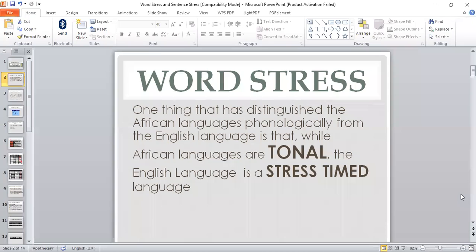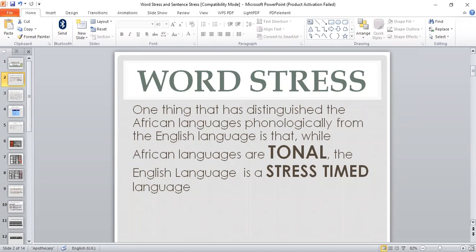What we call stress in the English language means prominence. If we say that a word is stressed in a sentence, there is emphasis, there is prominence placed on that word in the sentence. Having known that, we now want to look at the individuality of a word and how it is stressed.